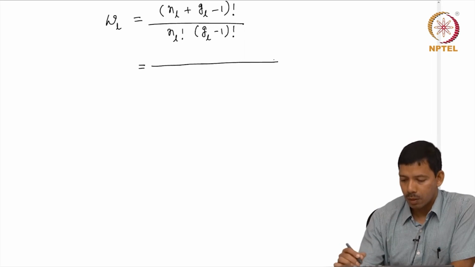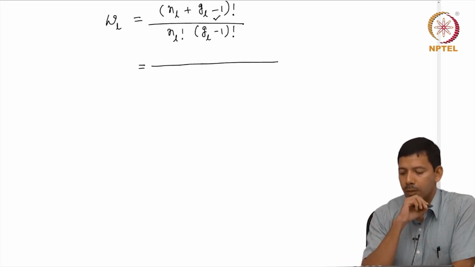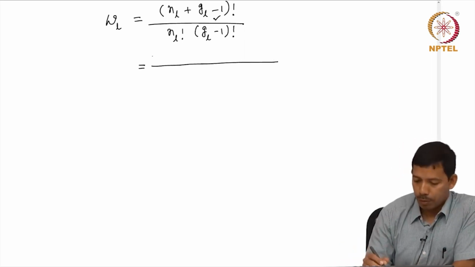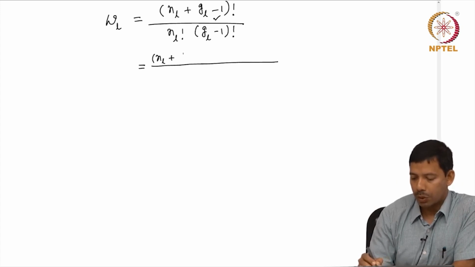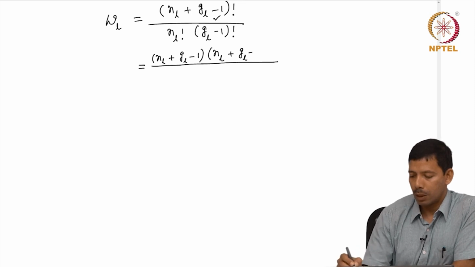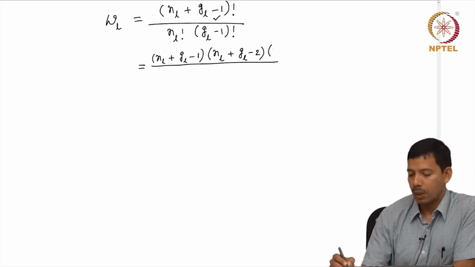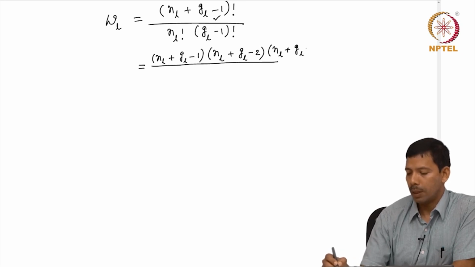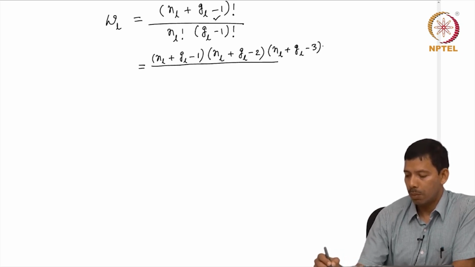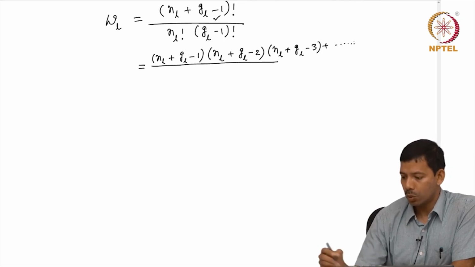We can expand the numerator, and if we expand, we'll get NL plus GL minus 1, NL plus GL minus 2, NL plus GL minus 3, and this series goes on.